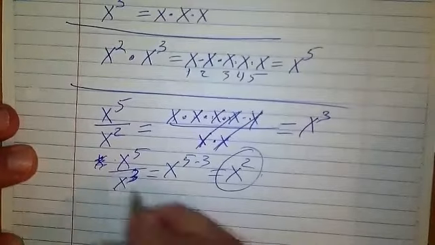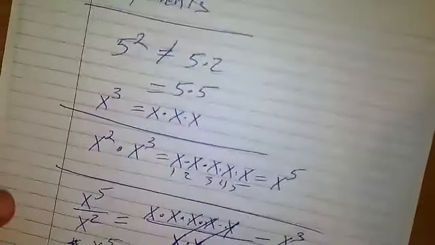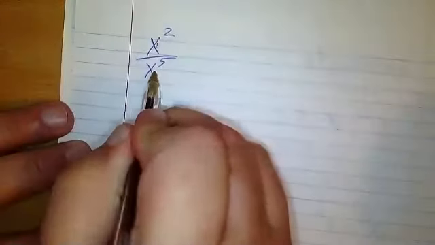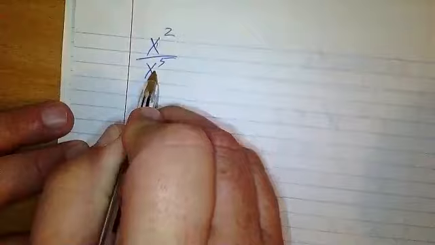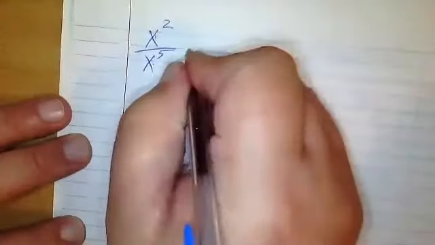Now, let's look at another example. What if I have x squared over x to the fifth? Now, what's that going to look like? Because that's kind of weird, isn't it? Not -2, -3 maybe.